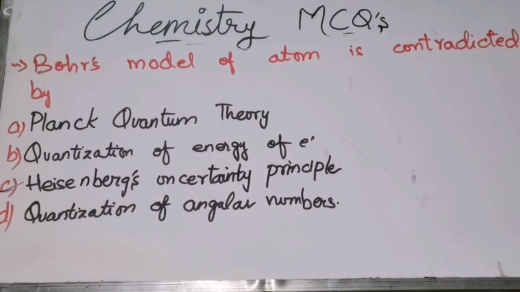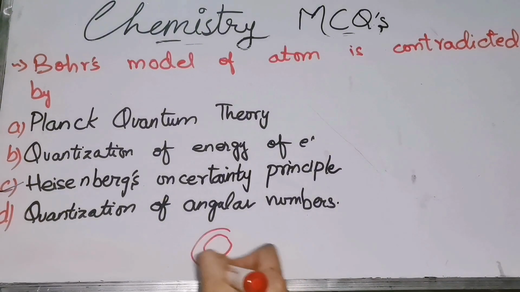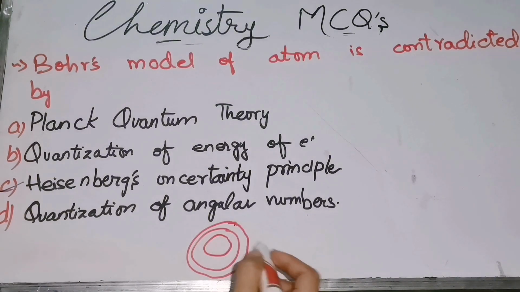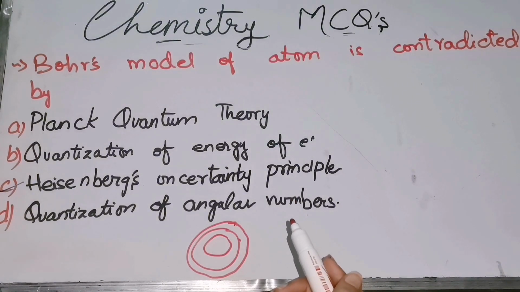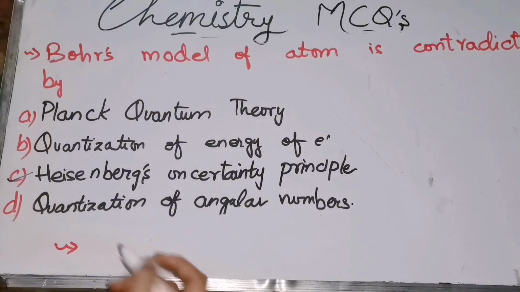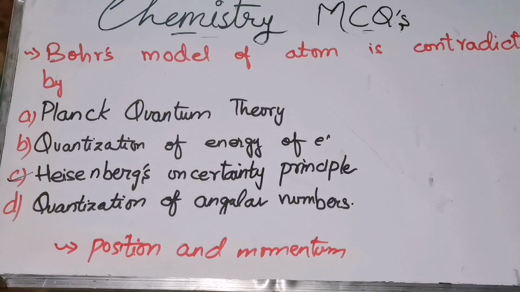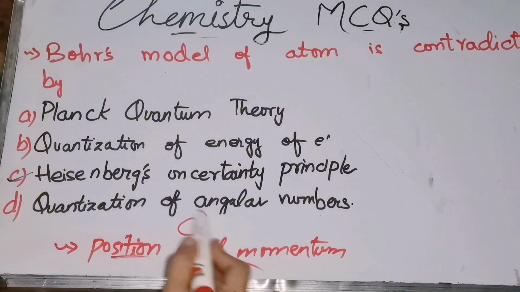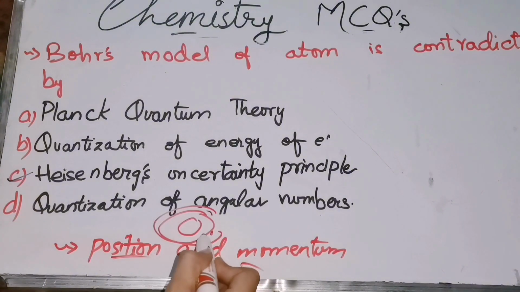According to the Bohr atomic model, we know that electrons are moving in fixed circular paths called orbits or energy levels, and they are revolving with a definite velocity around the nucleus. But according to the Heisenberg uncertainty principle, we cannot know the position and momentum of an electron simultaneously. In the Bohr atomic model, electrons revolve in a fixed circular path, so their position was known and their momentum was also known.